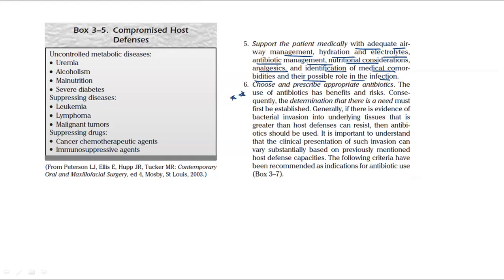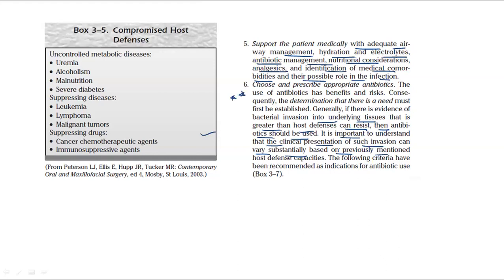Consequently, the determination that there is need must first be established. Generally, if there is evidence of bacterial invasion into underlying tissues that is greater than host defense can resist, then antibiotics should be used. It is important to understand that the clinical presentation of such invasion can vary substantially based on previously mentioned host defense capacities.